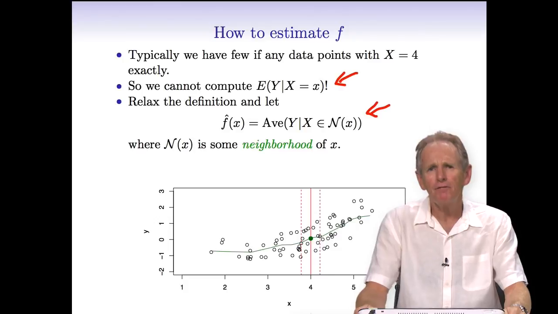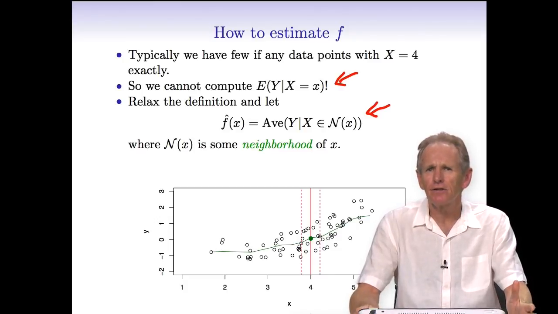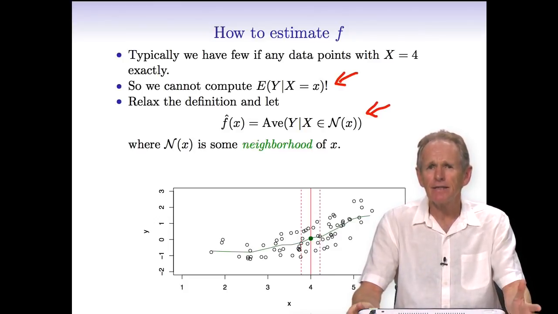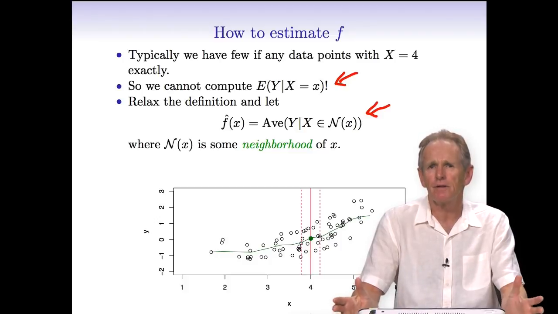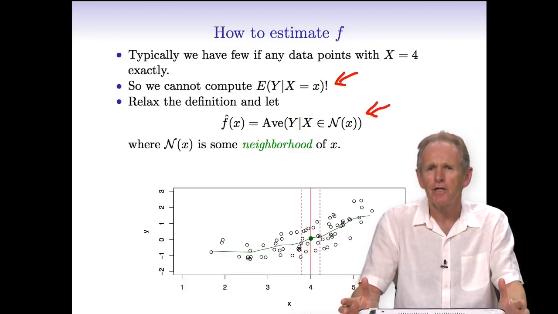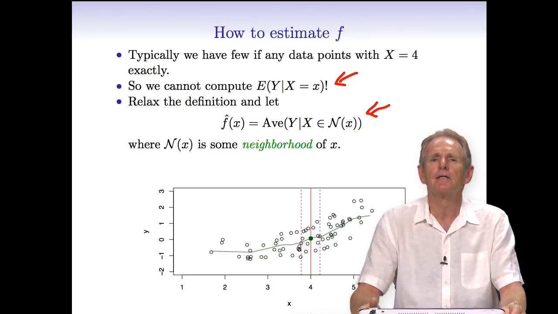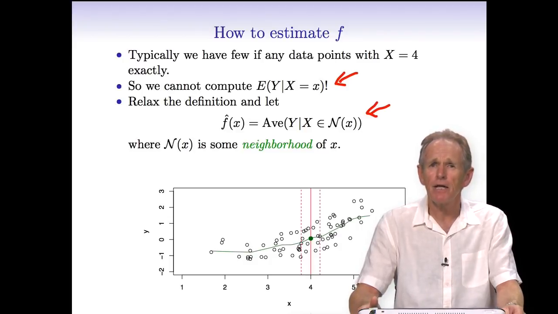So we have a pretty powerful tool here for estimating this conditional expectation. Just relax the definition and compute the nearest neighbor average. And that gives us a fairly flexible way of fitting a function. We'll see in the next section that this doesn't always work, especially as the dimensions get larger, and we'll have to have ways of dealing with that.